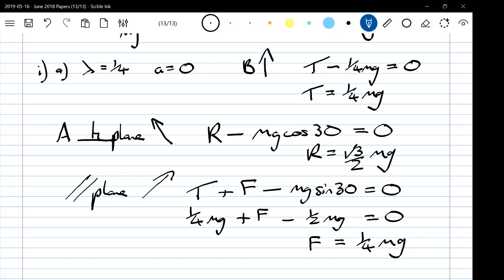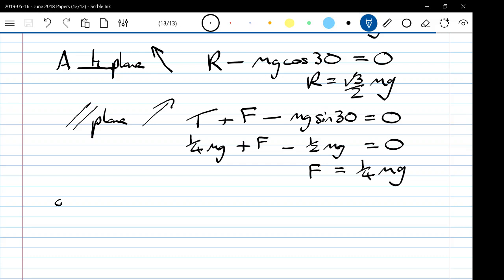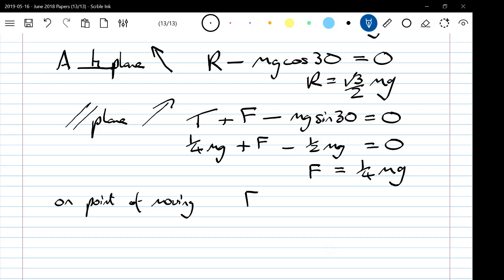We're supposed to be finding mu. It's on the point of moving. And the fact that it's on the point of moving tells us that the friction is equal to mu R. The friction we found to be 1/4 mg. R we found to be √3/2 mg.